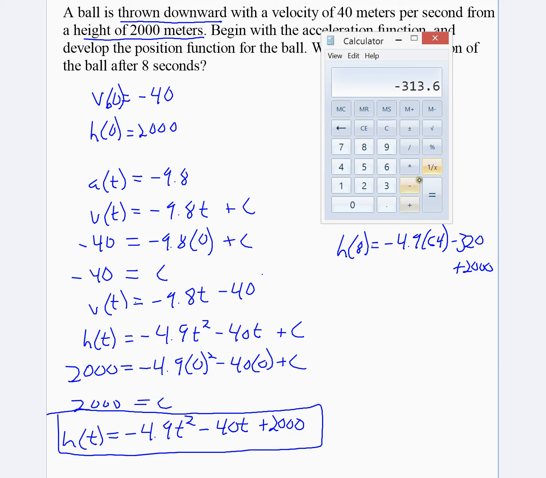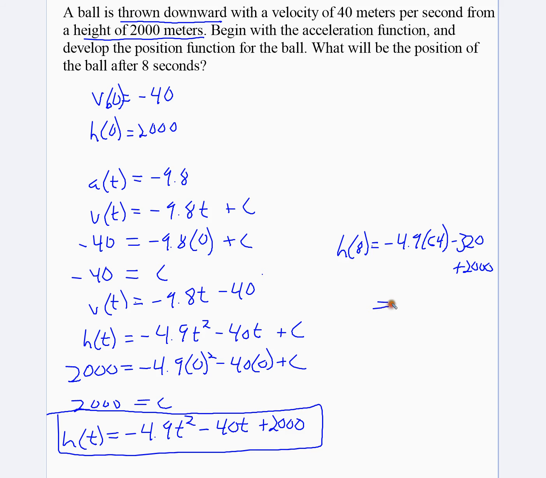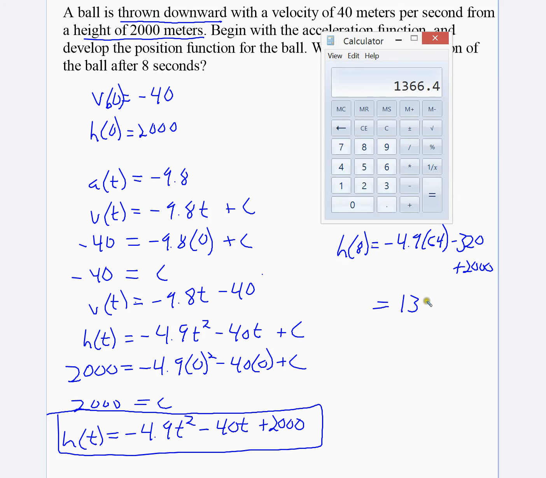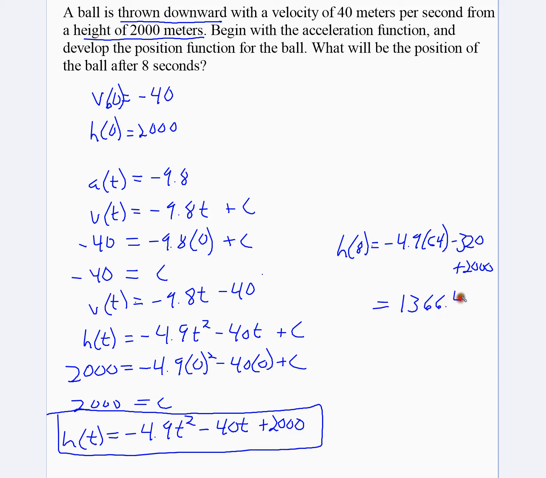We're going to subtract 320, and then we want to add 2,000 to that. And that will give us that our height is 1,366.4. So that is our height after 8 seconds. And this would be in meters.